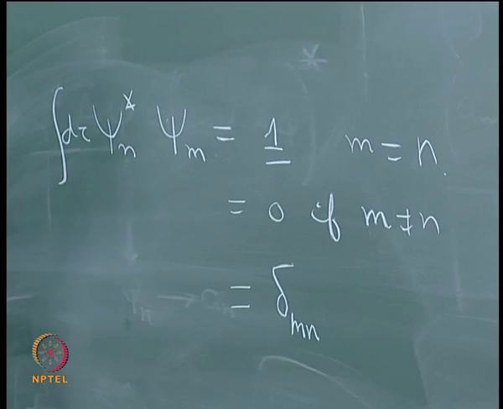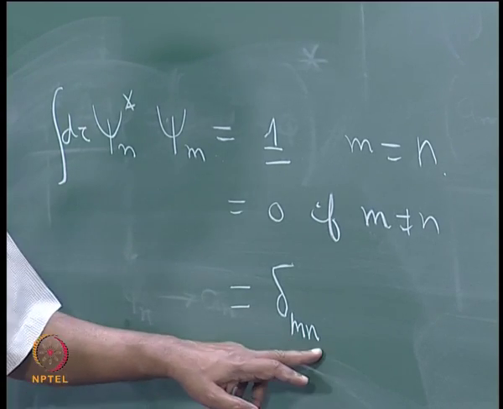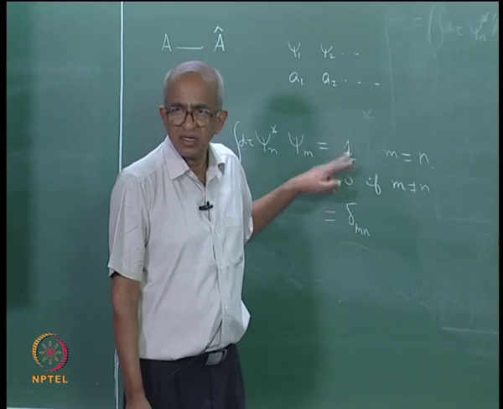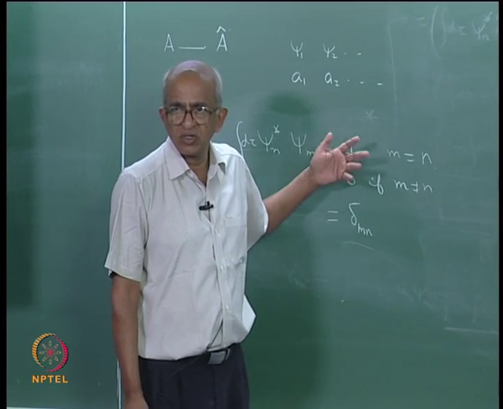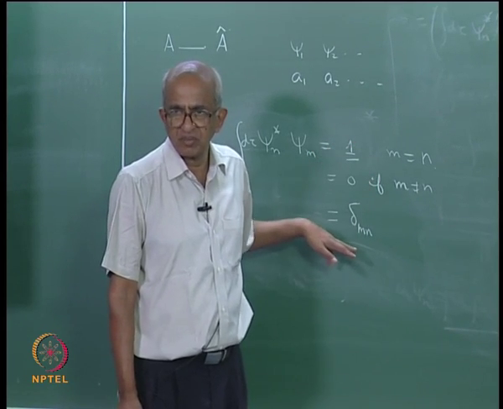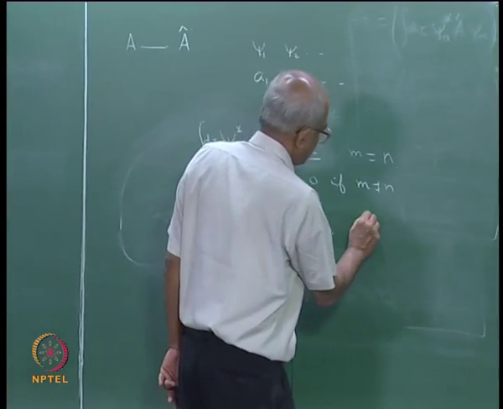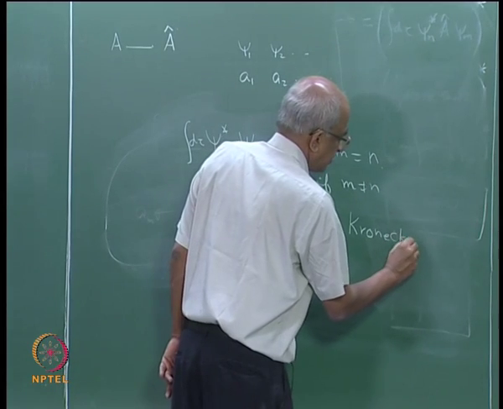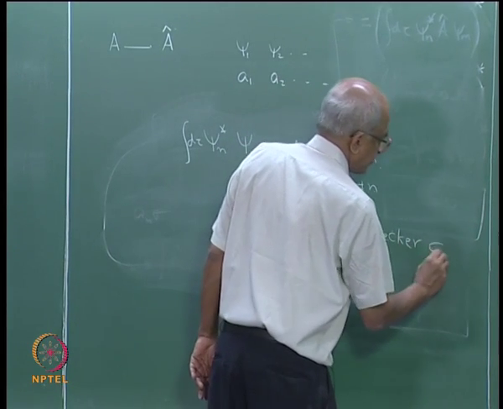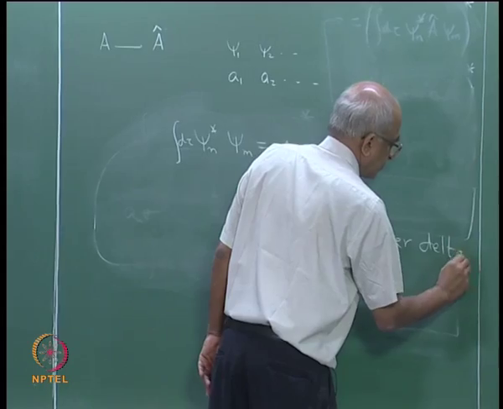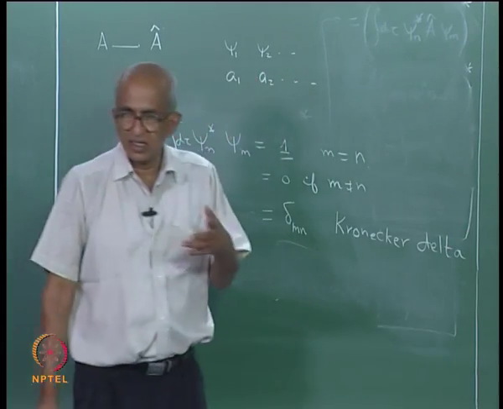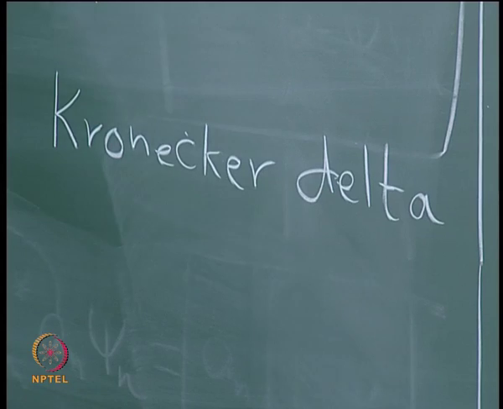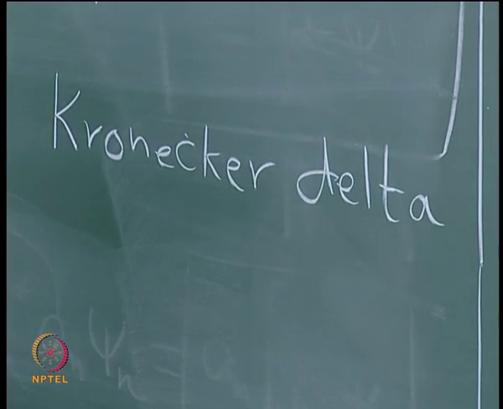The definition of delta mn is this: if m is equal to n, it is equal to 1, and if m is not equal to n, it is equal to 0. That is the definition of this symbol, and it is referred to as the Kronecker delta. Kronecker is the name of a person. We have already seen another delta, not delta but a delta function, which was introduced by Dirac that we discussed earlier.